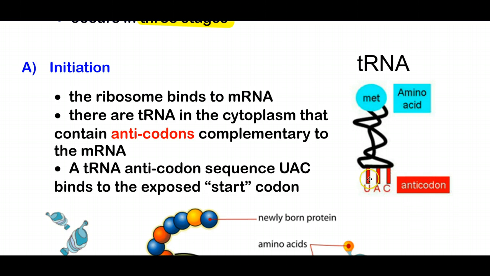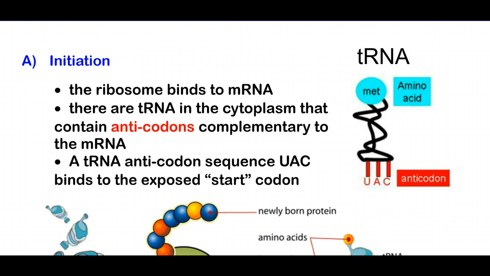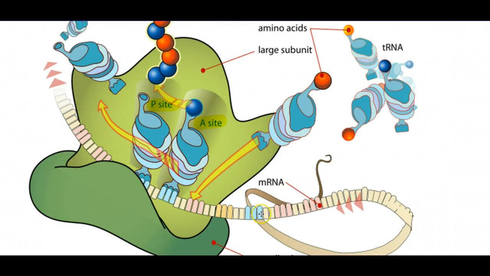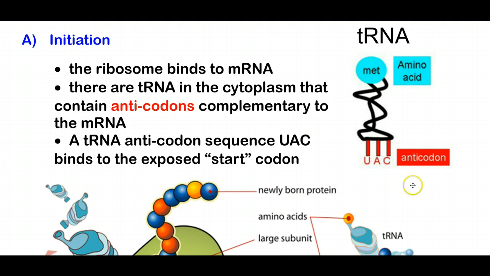And that's because it's complementary to what we read on our actual mRNA transcript. So if we had our mRNA down here, this is complementary to what we're reading on our mRNA. So let's just give you an example of what that looks like.